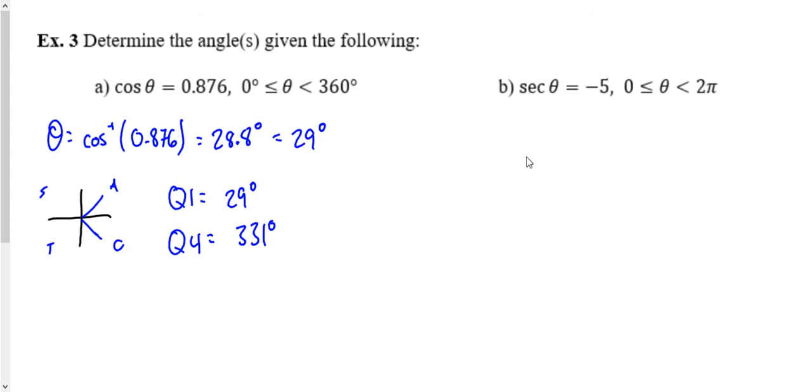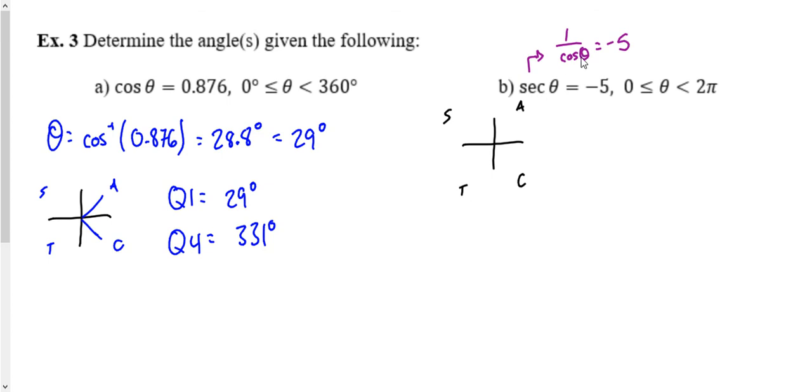In example B here, we can rewrite this here. So again, reminder, secant is the same thing as saying 1 over cos. So this is 1 over cos theta is equal to -5. So again, wherever cos is going to be positive, secant's positive. Wherever cos is negative, secant's negative. So let's do our quick sketch. Superimpose our CAST rule on.